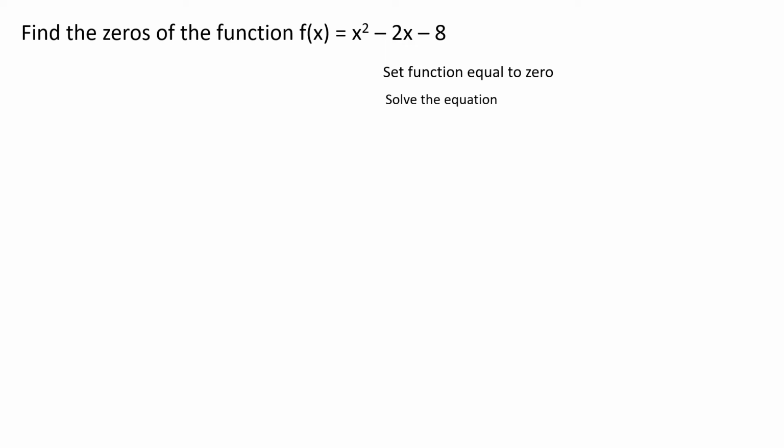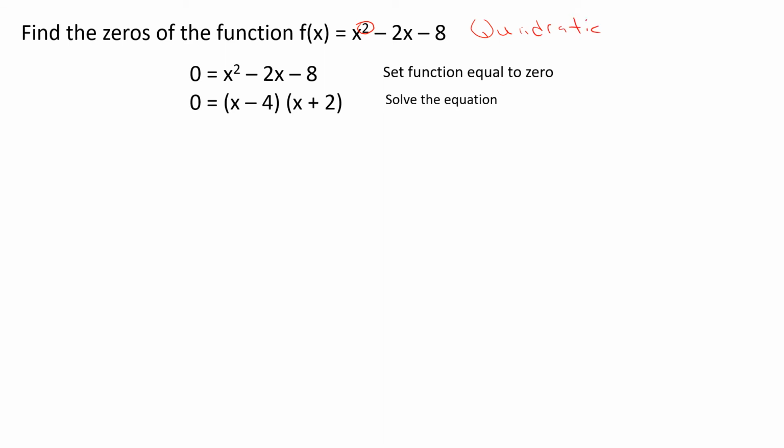So here in this example, it says find the zeros of the function. The first thing you're going to do is set that function equal to 0. Then you're going to solve the equation. This one here, the highest power is 2, so this is a quadratic equation.